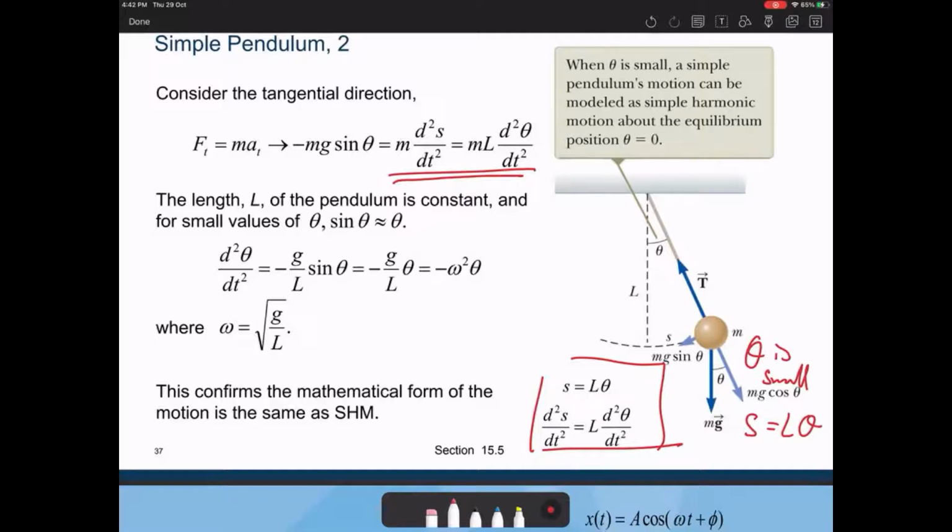And the force is minus mg sine theta. The acceleration is d squared s over dt squared, and it would also be L times d squared theta over dt squared. Now we compare the two terms, this one and this one.